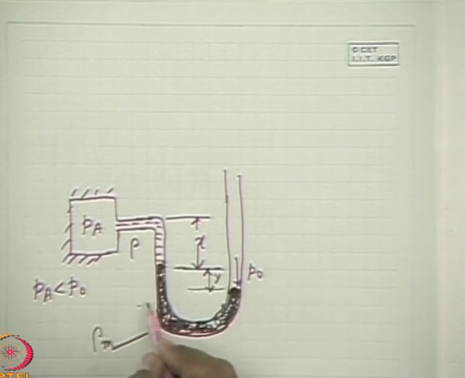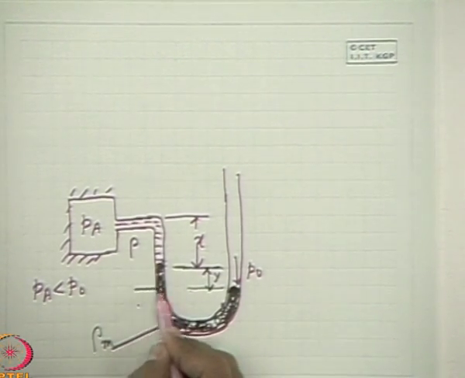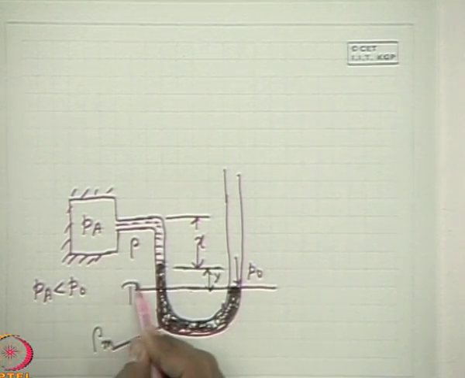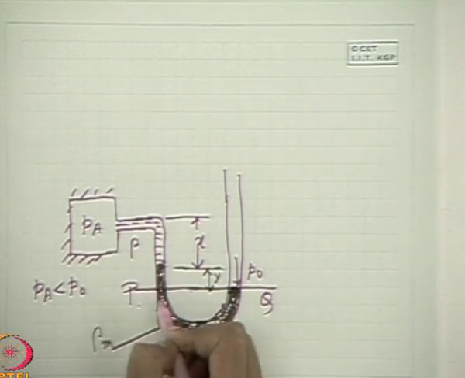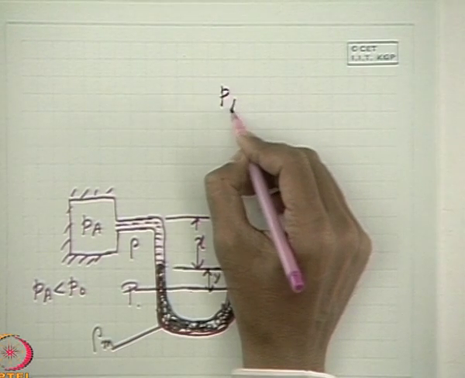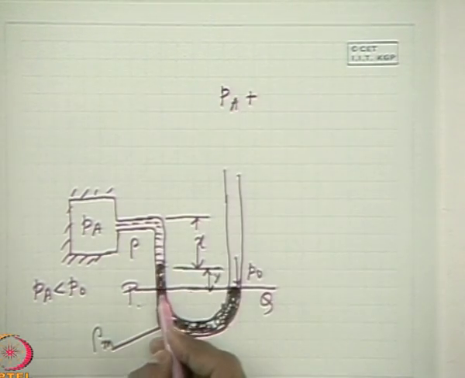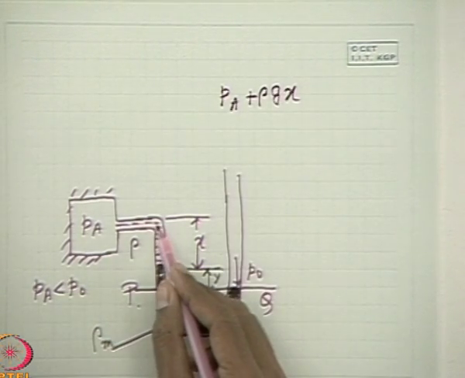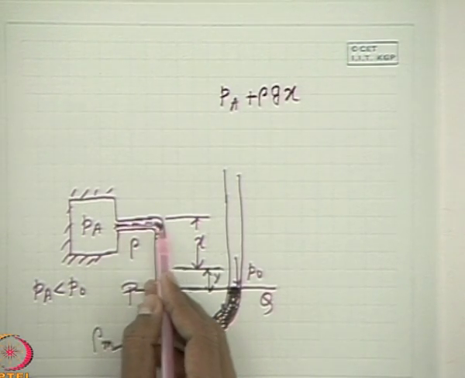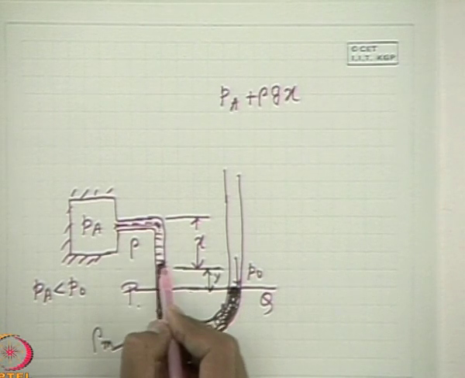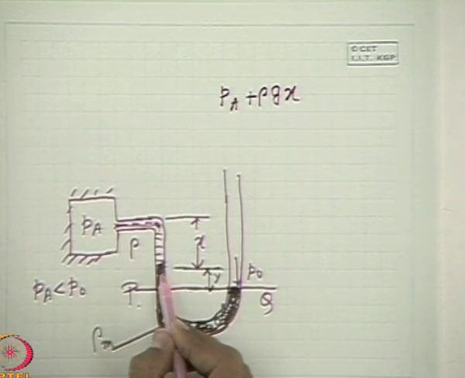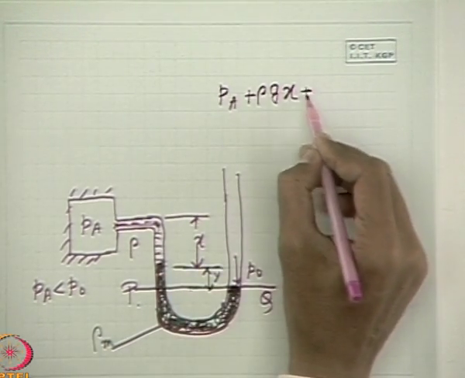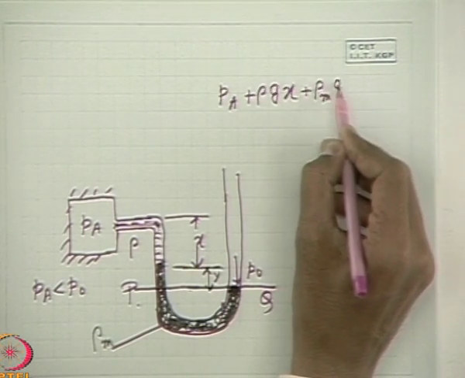Now we will select the same line PQ and find out the pressure from here. On this side Pa plus rho into g into x, that means Pa is the pressure here, and it comes straight here. So the pressure here is the rho g x of this column of liquid. Then the pressure here will be plus rho m g into y.